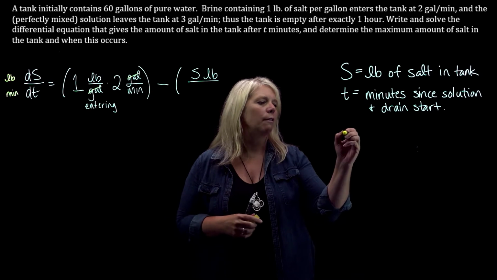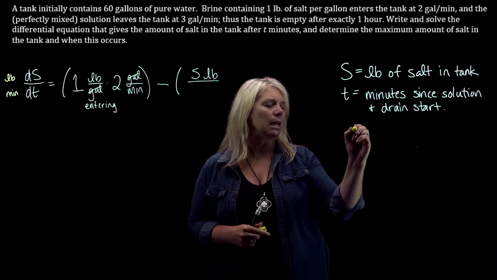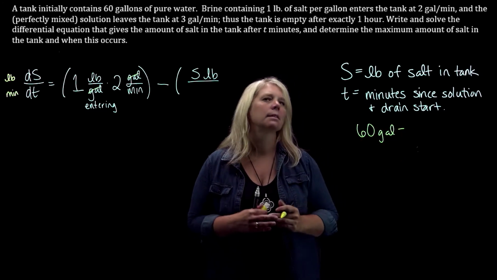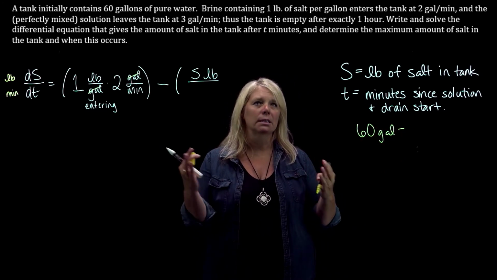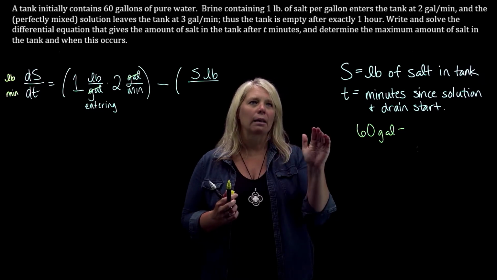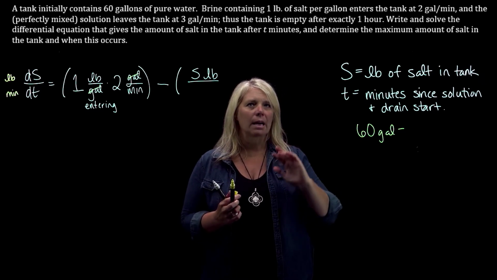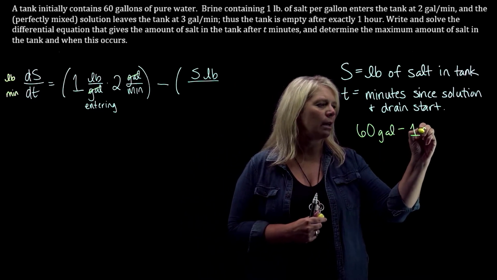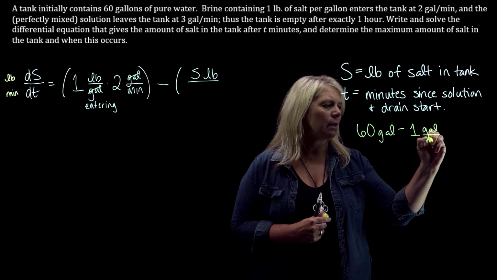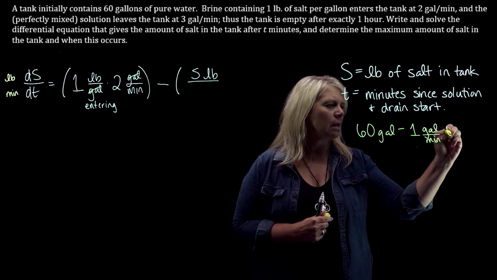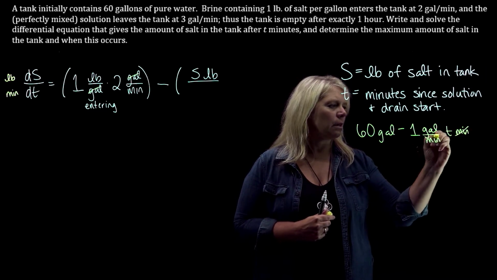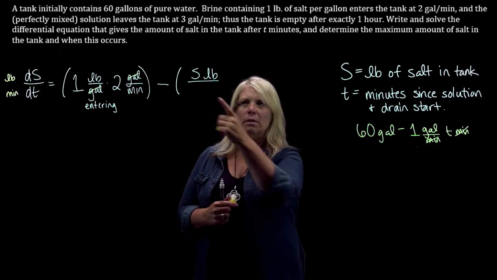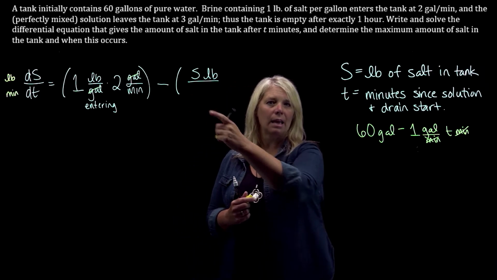So let's think about this a little bit over here. The amount of gallons in the tank at time t will be 60 gallons minus, that's going to start at 60, but then it's going to decrease. We have 2 gallons per minute coming in, 3 gallons per minute going out. So that's decreasing by 1 gallon per minute times t minutes. So this expression here, 60 minus 1t, will tell us how many gallons are in the tank at time t.